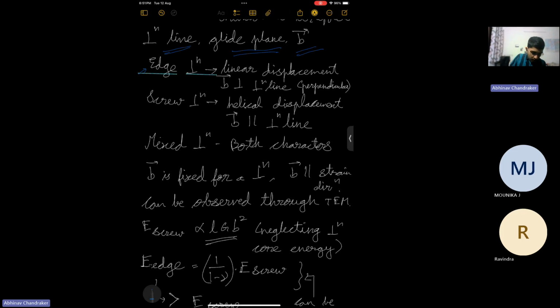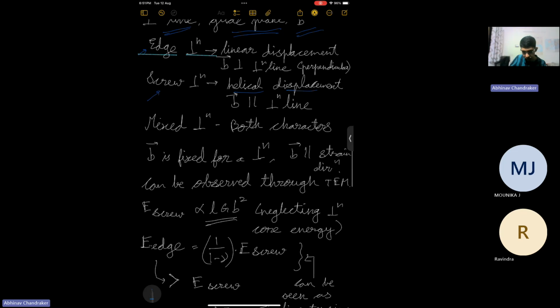But in case of a screw, you have a helical displacement. Sir has explained how it is. So when the screw dislocation is moving, the deformation which is occurring around the dislocation core will have a helical nature.